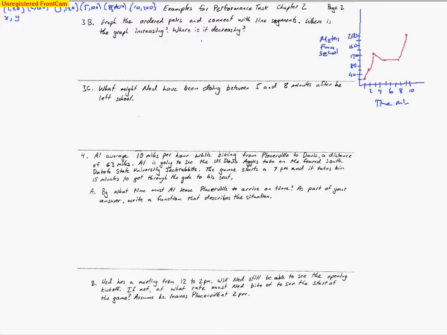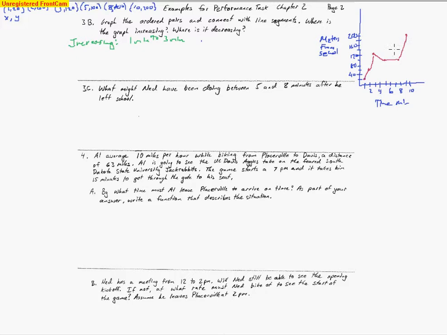Now they ask, where is the graph increasing, where is it decreasing? It's increasing, and I'll talk about it with respect to the minutes. From 1 minute to 3 minutes, it was increasing. Then this part here was stagnant; it wasn't changing at all.